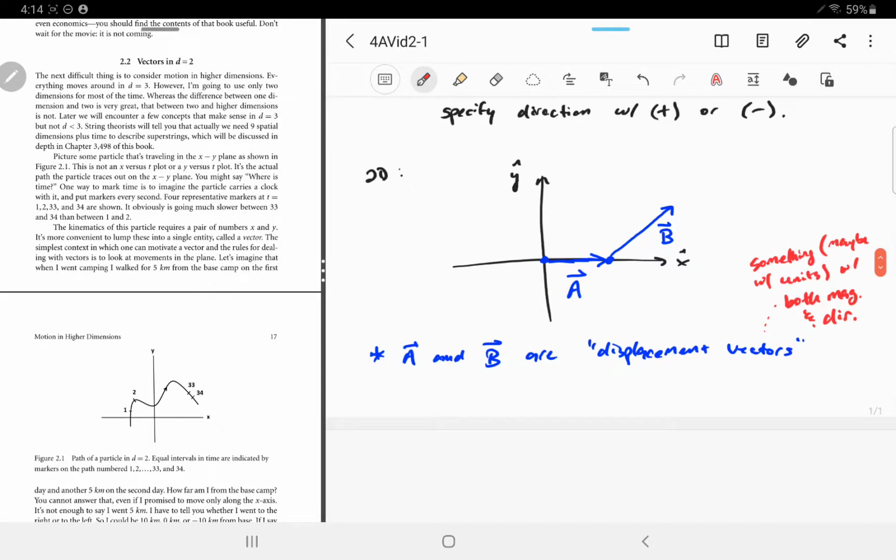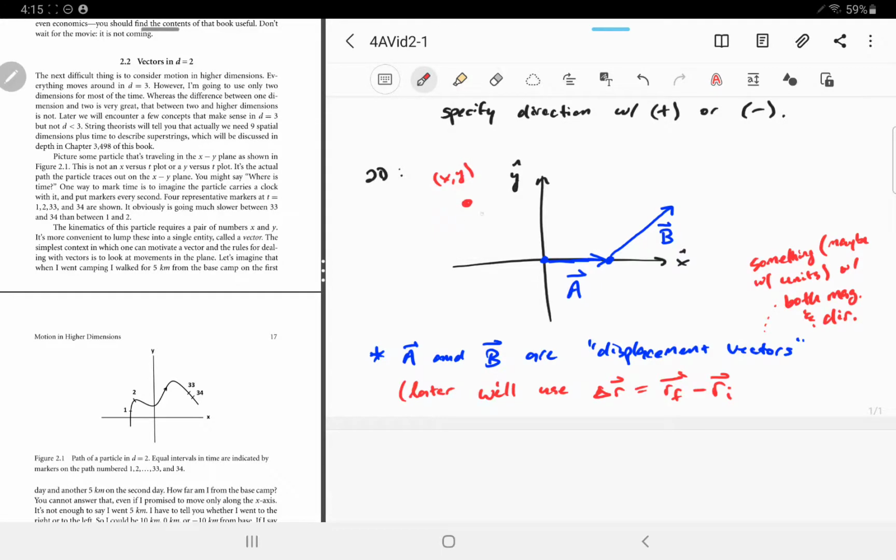Okay, another thing I want to point out is that we're often going to use delta R. So later we'll use just delta R for this, in other words, R final minus R initial. Notice that any point I specify in the xy plane has some x comma y coordinates.